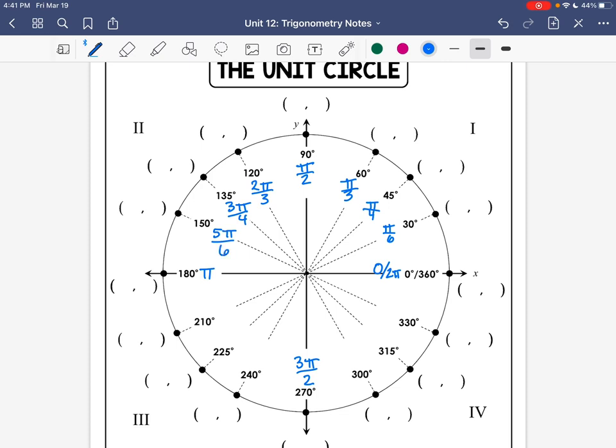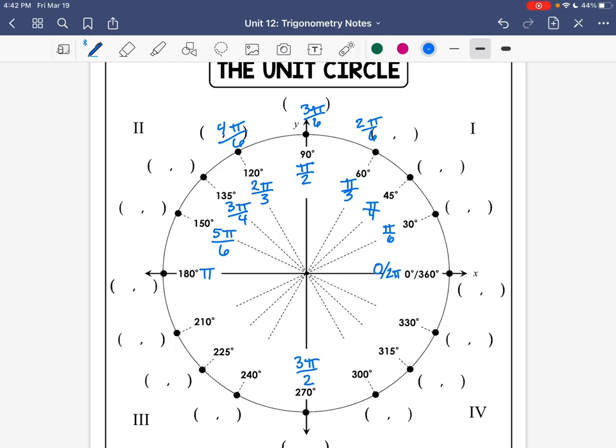So 30 degrees kind of works like how 45 did with 90 and 135. So technically 60 is 2 pi over 6, which is 1/3. And then 90 is 3 pi over 6, which is 1/2. And 120 is 4 pi over 6, which is 2/3.